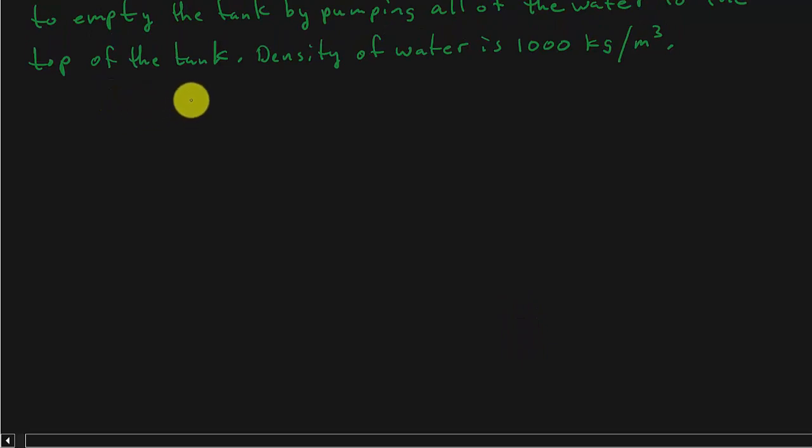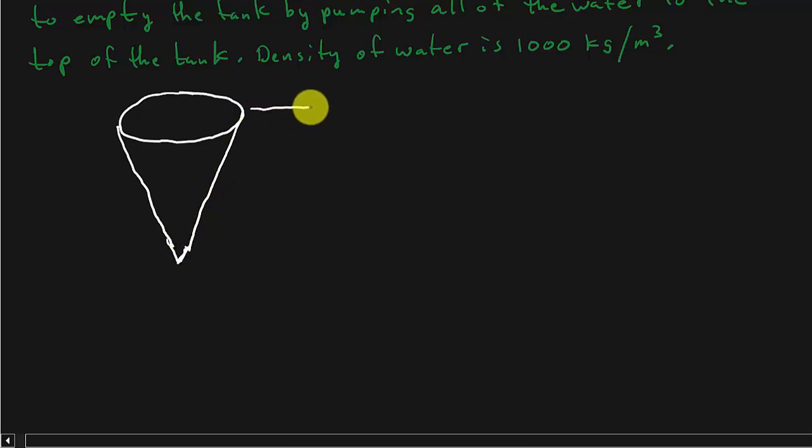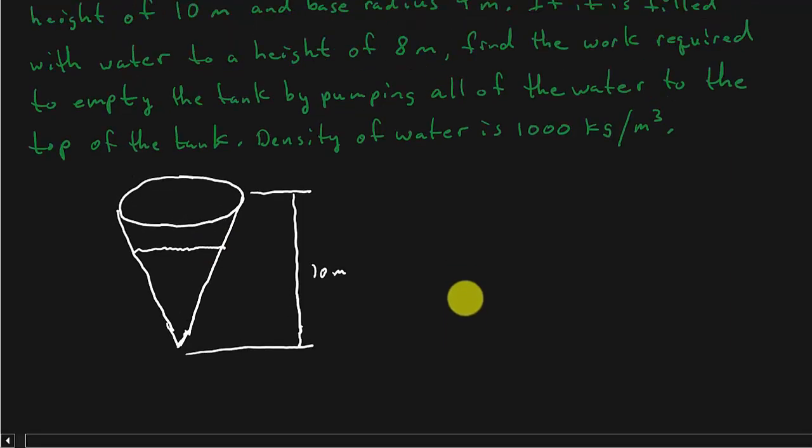So I've got an inverted cone. And we know the height of the entire thing is 10 meters. And I've got the water right here. There's the water, and we know that's filled up to 8 meters.